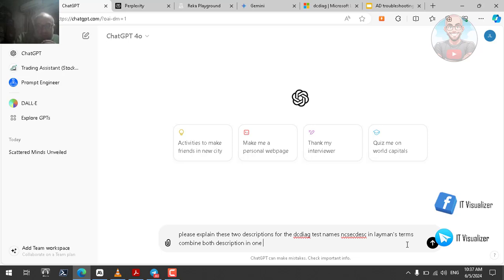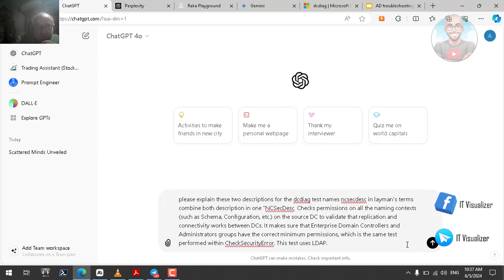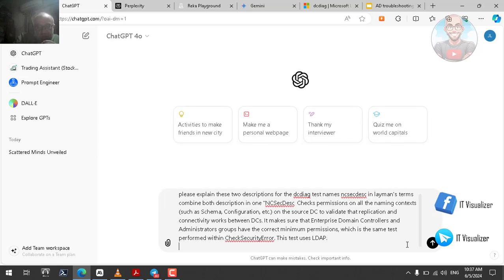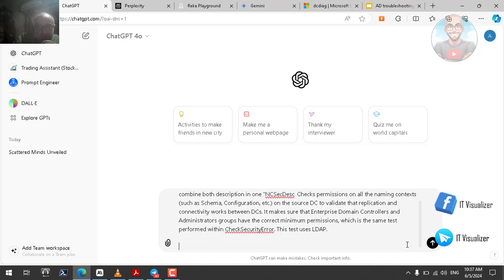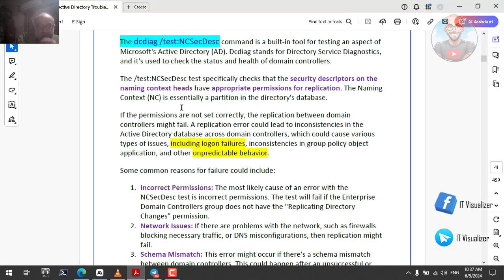Okay, let's see, we first add the first one, and then we can add shift enter to take a little space. Then we will add the second description, which is this one.